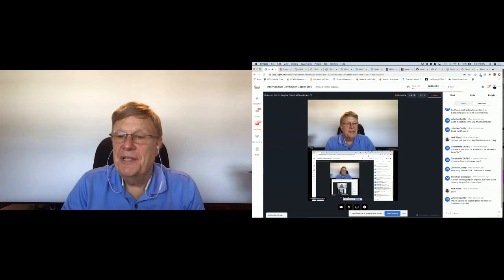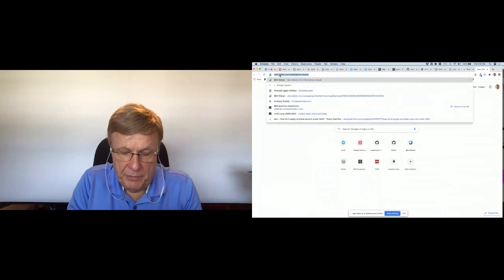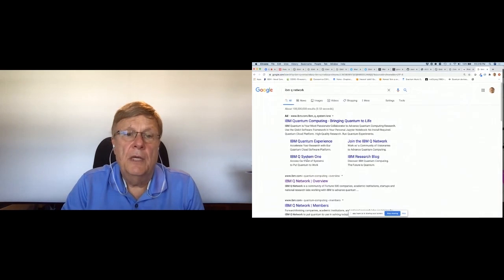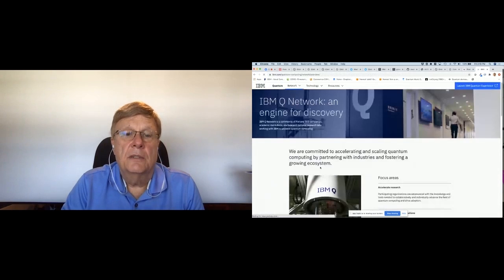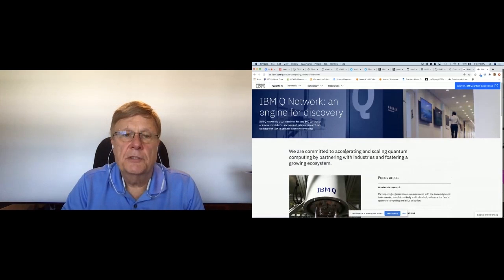Okay, is there already any enterprise business case running in quantum computers? There are example programs where we're partnering with people. If I go to the IBM Q Network, this is our network where different partners, some of them industry partners, connect with us and we do research projects together.